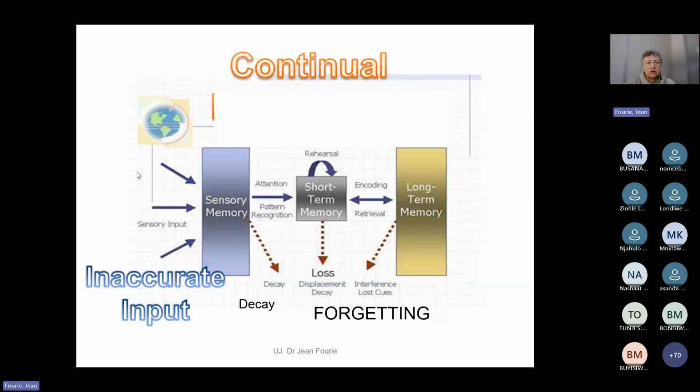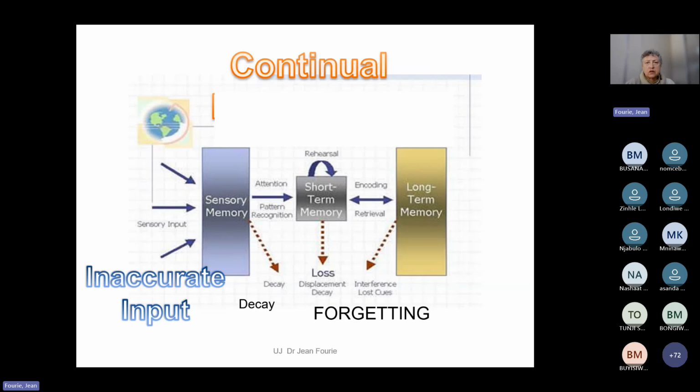So this is just another view of the information processing model. Information comes in through the senses into the sensory memory, and a lot of research has been done on how we receive information through our eyes and our ears and our senses, and we do know that a lot of the input that we receive is inaccurate.